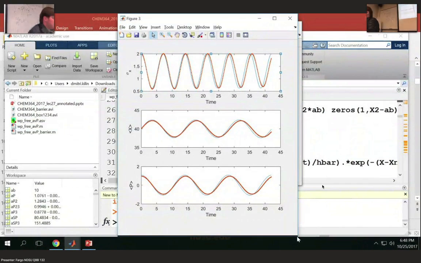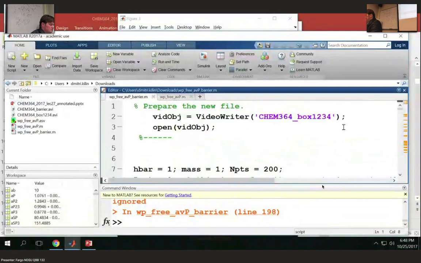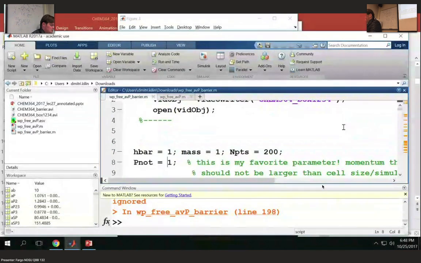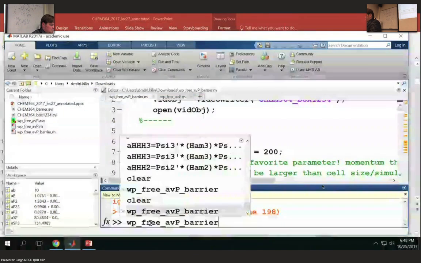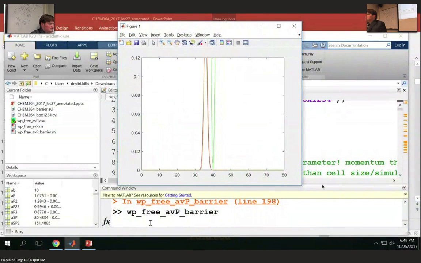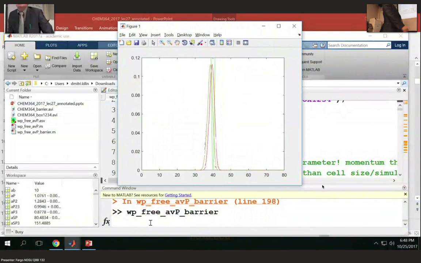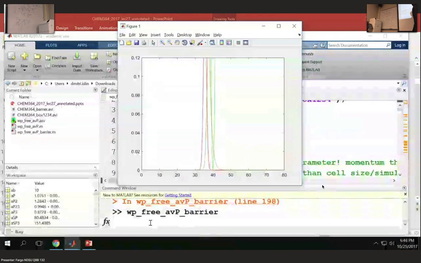What if we double the initial momentum? So the potential is very, very steep, so high that we do not see it on this scale.